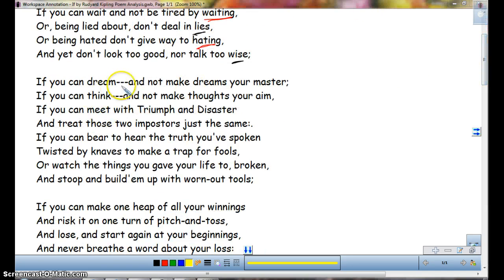"If you can dream and not make dreams your master." Oh, okay. Well, already I know dreams can't be my master. That's clearly personification. "If you can think and not make thoughts your aim. If you can meet with triumph and disaster." Okay, now when I see things like a capital T and a capital D, what the author is doing here is personification.